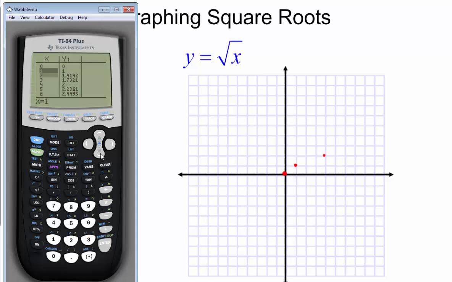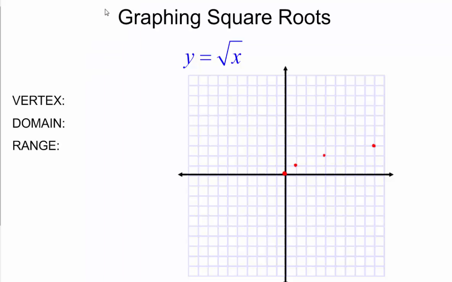I'll scroll down until I find my next whole number pair, which is at 9, 3, and plot that point. At this point, my next whole number pair will not come until 16, so that's all I can fit on this graph.